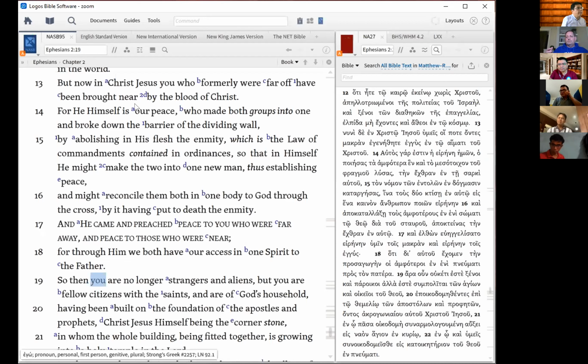Sometimes he's referring to them as Gentiles as opposed to Jews. Other times here he's referring to them, you, in the sense of more generically, people, you people in general. That's what you have to kind of sort through there.